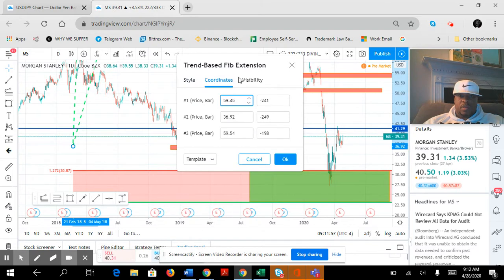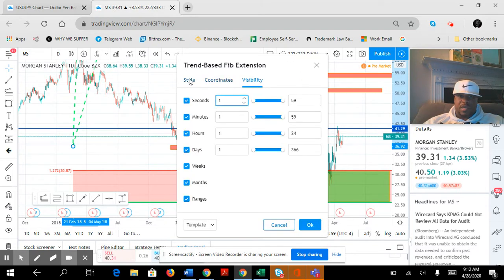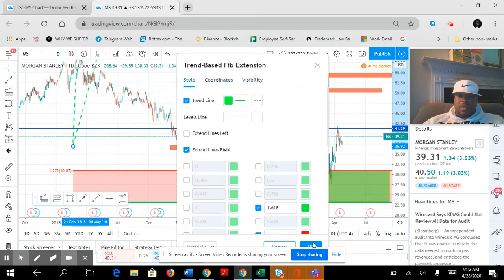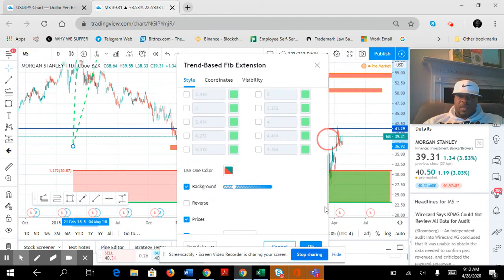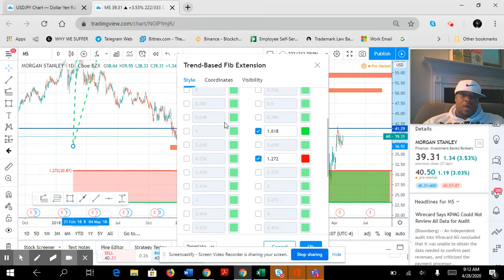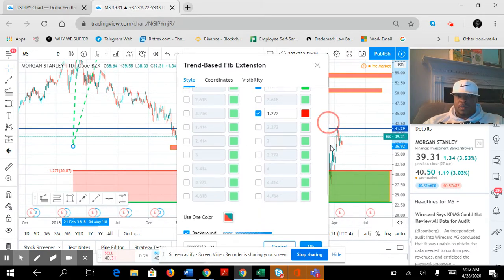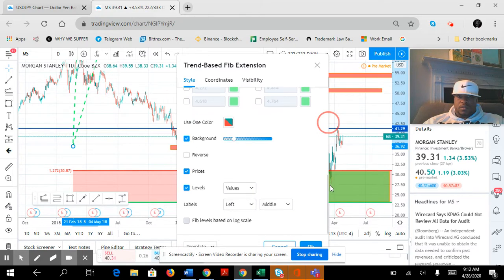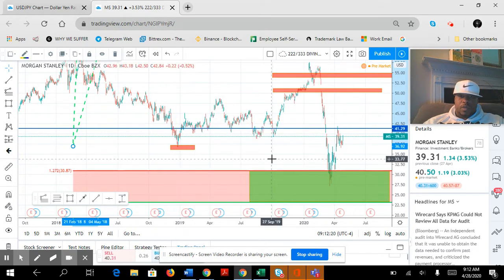Don't worry about coordinates and visibility. Leave those the same. Change your style. Go down. Make sure if all this is clicked, unclick all that. This is the only thing that should be clicked. Make sure this is the same and hit OK.